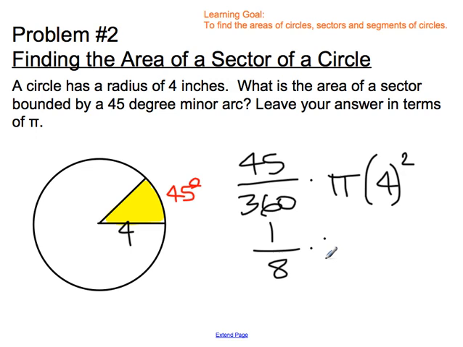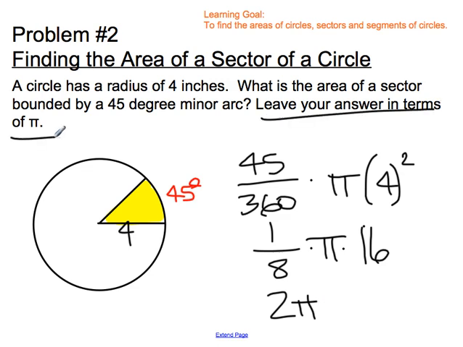We're going to multiply this by pi and 4 squared, which is 16. 1/8 of 16 is 2, so we have 2 times pi. Since we're going to leave our answer in terms of pi, we can leave our answer right here. We just need to include the units, which are inches squared.